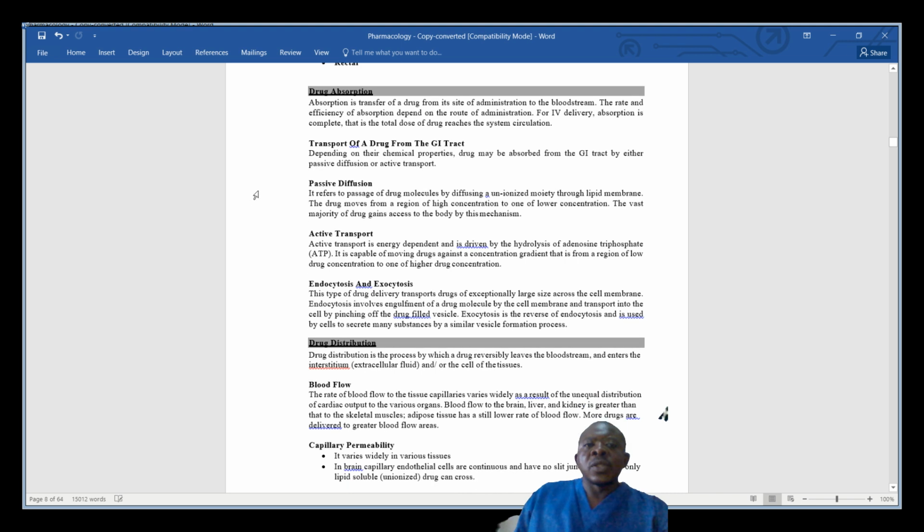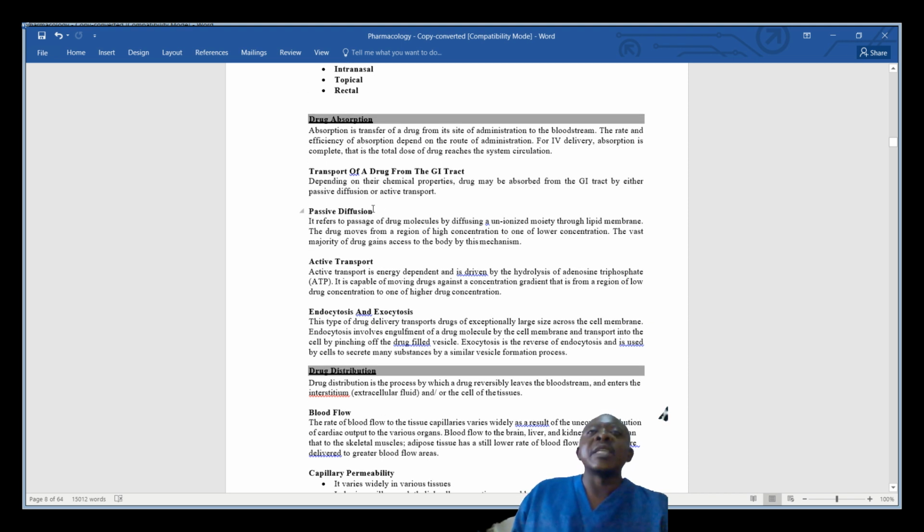Now let us look at drug absorption. When we discussed the branches of pharmacology, we talked about pharmacokinetics. In pharmacokinetics, we have absorption, distribution, metabolism, and excretion. Let us appreciate what necessarily happens during drug absorption.